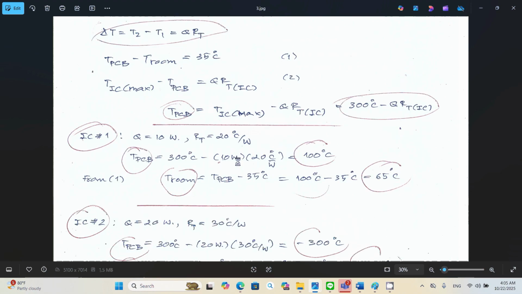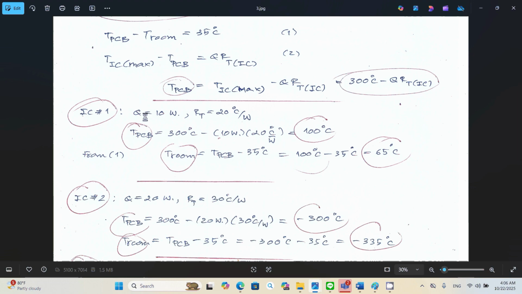Take a look at the IC number 1. That's Q equal to 10 watt and RT equal to 20 degrees Celsius per watt. Okay, you end up with TPCB equal to 100 degrees Celsius, and you want to find the T room maximum, the maximum room temperature.